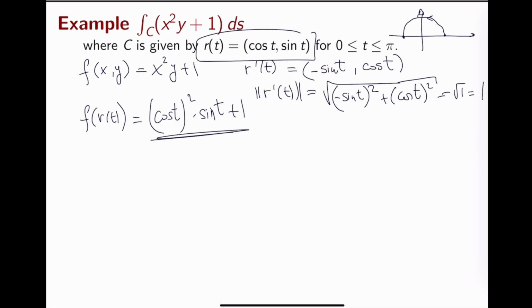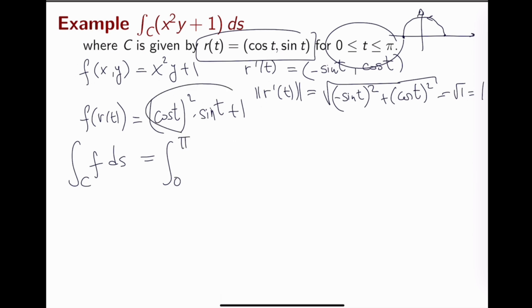That is the evaluation of the function at the curve. So we have the two things that we need to multiply, right? This numerical expression and this one. So the line integral will be the product of these two. It will be the integral from 0 to pi of cosine squared of t sine of t plus 1, times this one here, that in this case is just 1, dt.